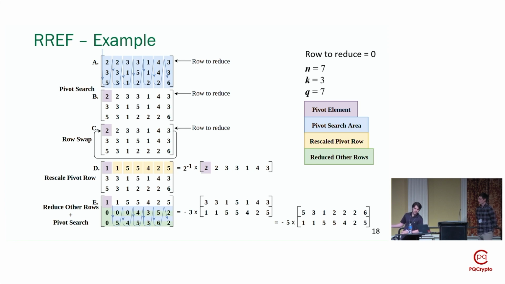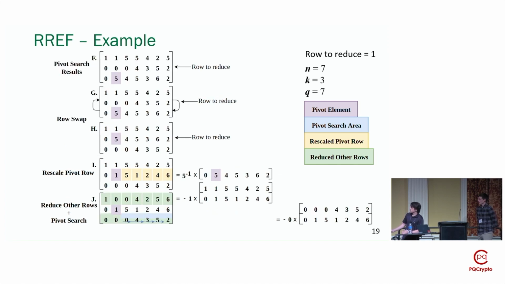At the same time as we're doing that, we can also search for the next pivot for the next row to reduce. Since we know that row to reduce is 1, we can search in this blue highlighted area where we scan down the leftmost column in that area until we find the first non-zero element. There's a 0 there first, and then we find the 5 is our next pivot element.